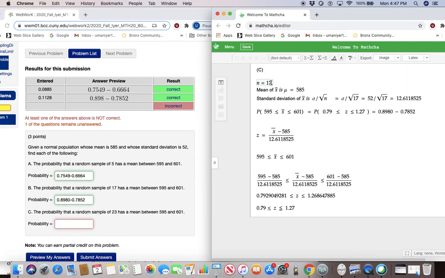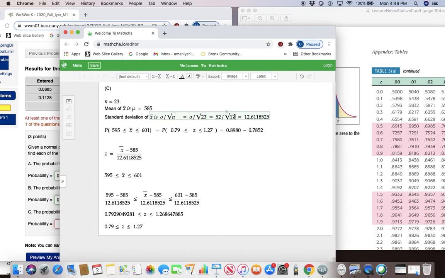I get a 23 here. The mean is the same. The standard deviation is the only one that has n in its formula, so that will change. Instead of 17, now I have 23. So 52 over square root 23.